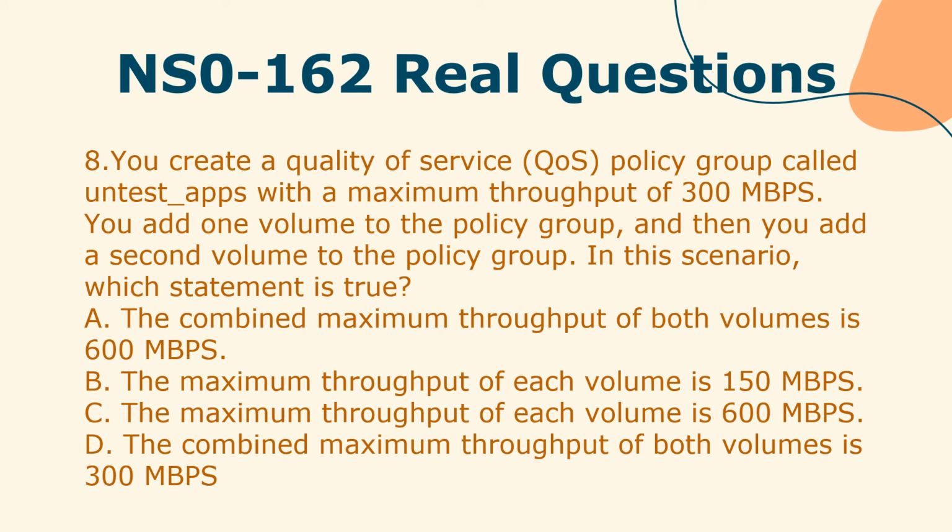A. The combined maximum throughput of both volumes is 600 Mbps. B. The maximum throughput of each volume is 150 Mbps. C. The maximum throughput of each volume is 600 Mbps. D. The combined maximum throughput of both volumes is 300 Mbps.